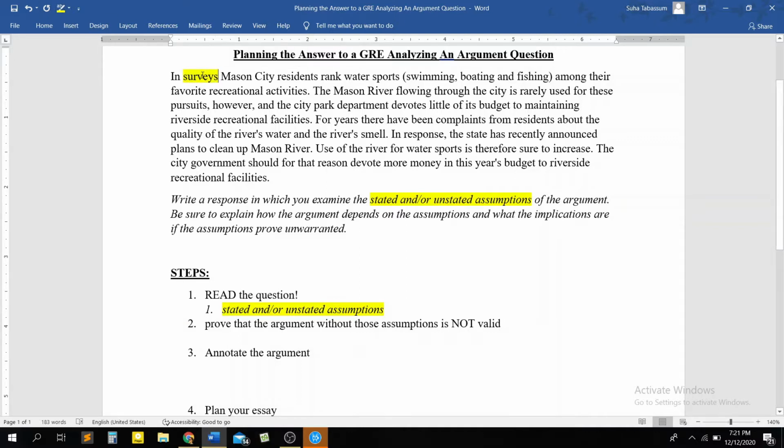Whenever you find a mention of surveys in the analytical argument task, you have to make a note because surveys are very important, because they are a huge assumption.